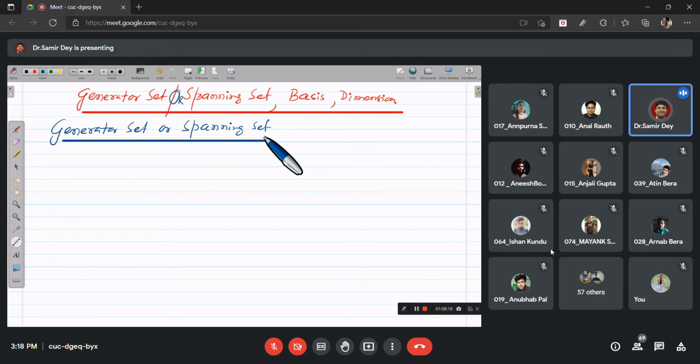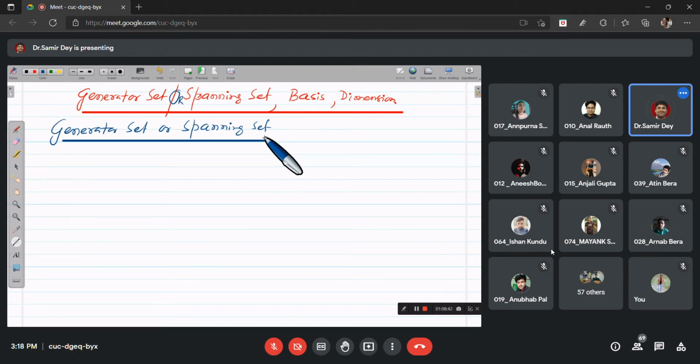If it is possible to represent your university's reputation by a set of students, then you can say that set of students is a generator set or spanning set. Are you getting my point? Yes or no? Yes, sir.